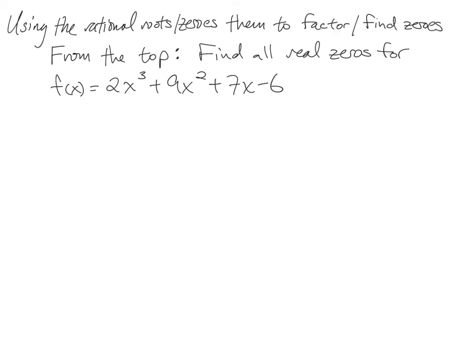We're going to use the rational roots or zeros theorem to factor this polynomial and find zeros. We're going to do it all in one. So the first thing we need to do is create the list. Create a list of possible zeros.